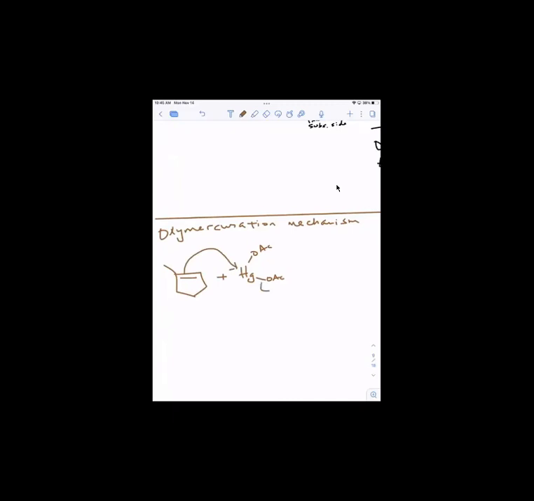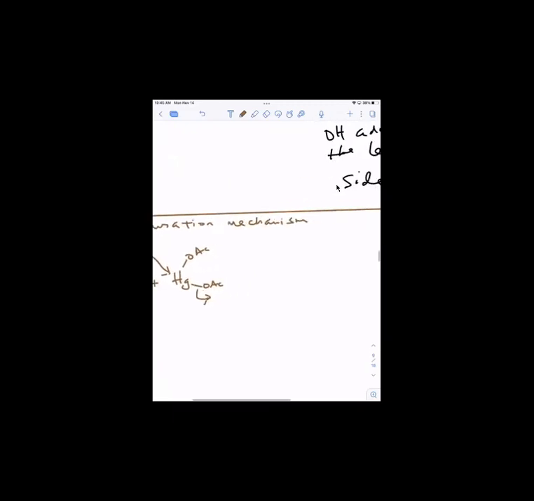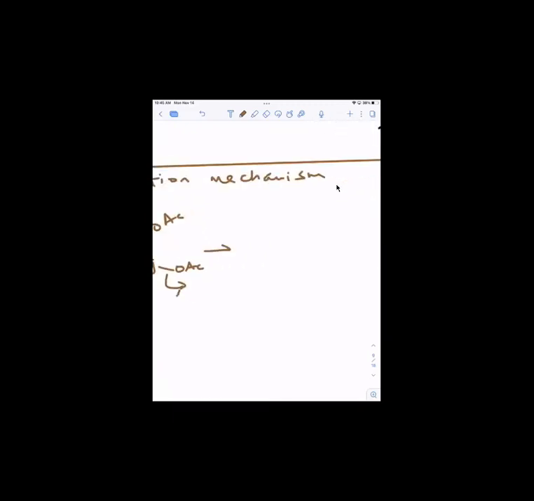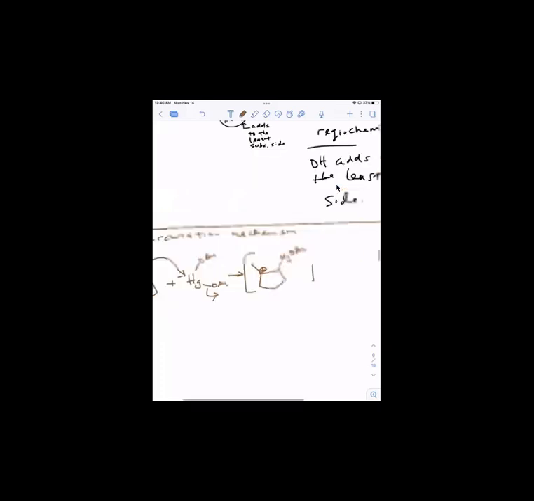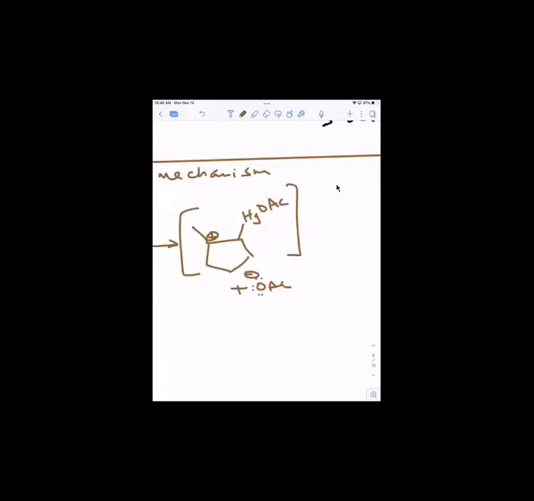And then you're going to kick off one of the acetate groups. We're going to put a plus charge here. We're going to put mercury here. So we get this intermediate. Right, and when we lose that acetate group, let me give you that too.